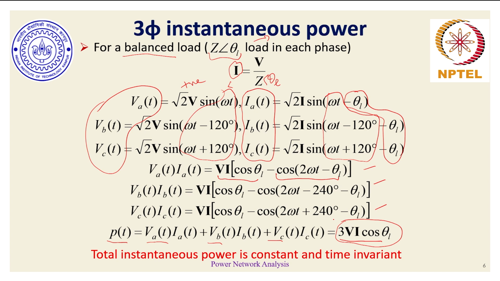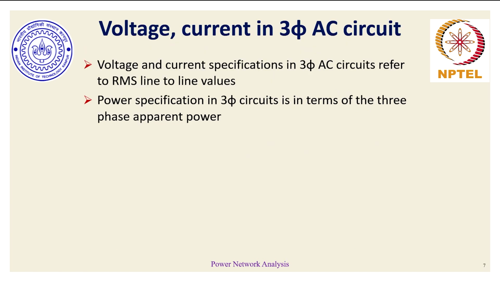The corresponding time-dependent function is nullified, and that can be verified by addition of these cosine terms sitting inside the brackets here. So that's one favorable advantage: for balanced operation, three-phase instantaneous power is time constant, it is invariant, and that is the precise reason why average power has been evaluated, or the notion of average power is defined, to explain the notion of real power.